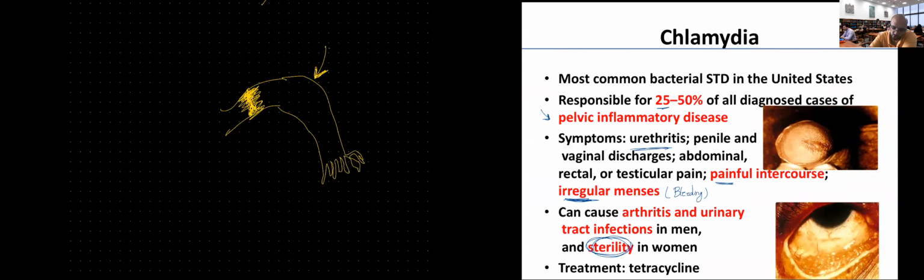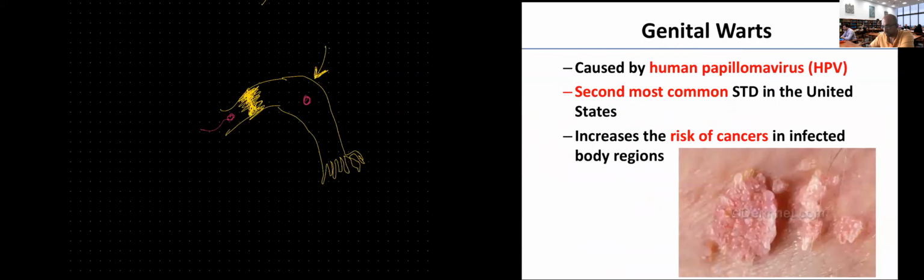So if a sperm is trying to reach the ovulated egg in here, it won't be capable of passing through the obstruction of the fallopian tubes. That's why in females, it can develop sterility. Treatment is with an antibiotic we call tetracycline. Tetracycline is the antibiotic of choice for treatment of chlamydia.